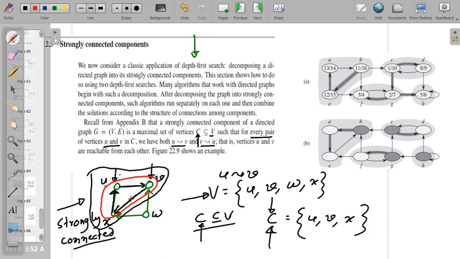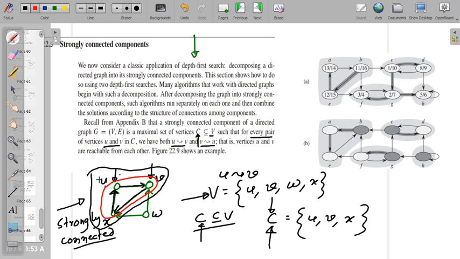Then if I am taking v and x, I can have a direct connection. x to v I can reach via u. And then x to u, I can reach directly. And then u to x, can I reach? u to v and then x. Okay, so this subgraph is strongly connected.